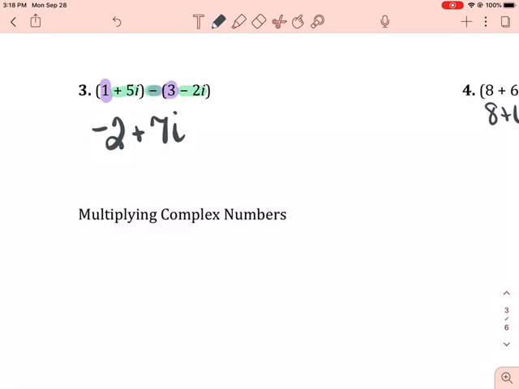Multiplying is the same idea, that you're going to use the same kind of process as we did when we multiplied binomials, that distributive property, all of that's going to hold true. But you can multiply a real with an imaginary.